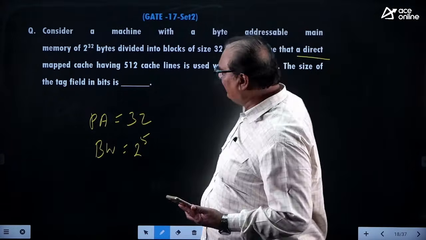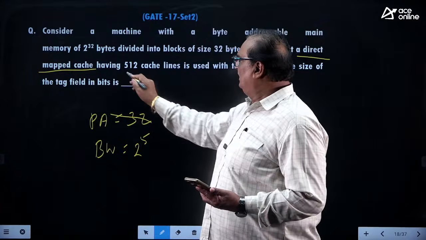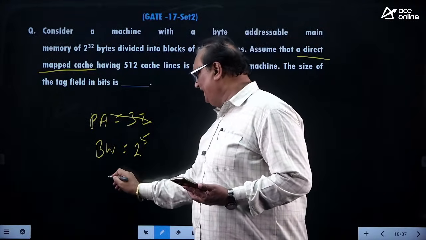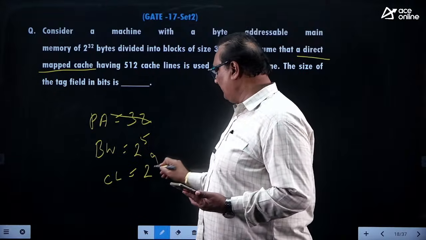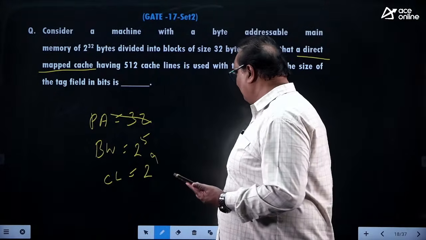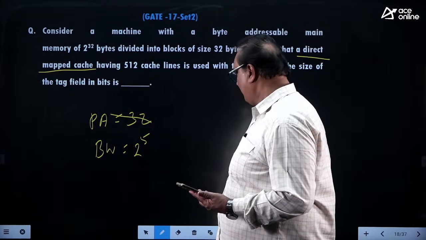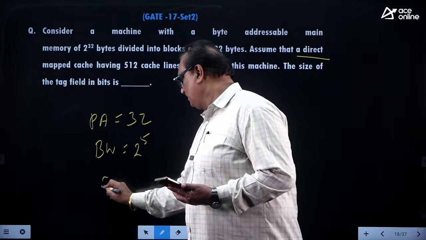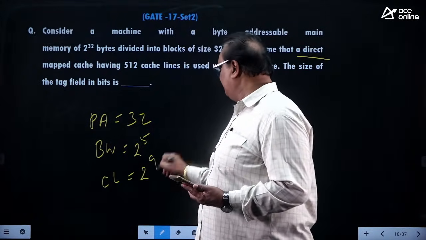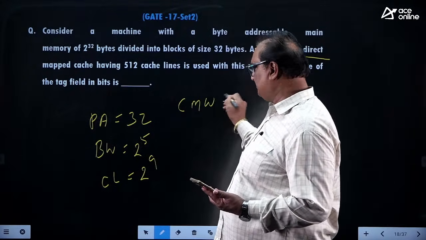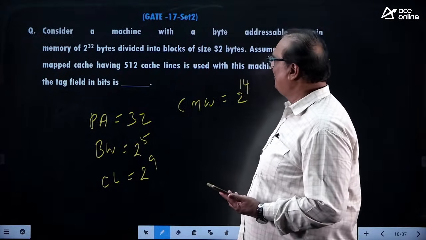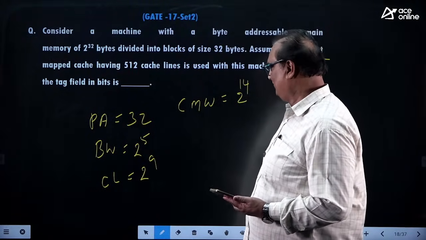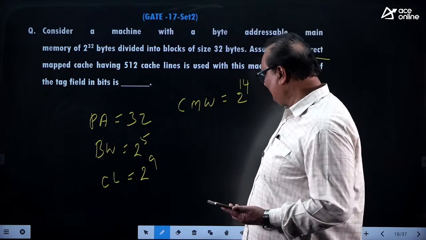Assume that a direct mapped cache having 512 lines means CL, number of cache lines, 2 power 9, BW 2 power 5. CMW, number of words in cache memory, BW into CL means 2 power 14.